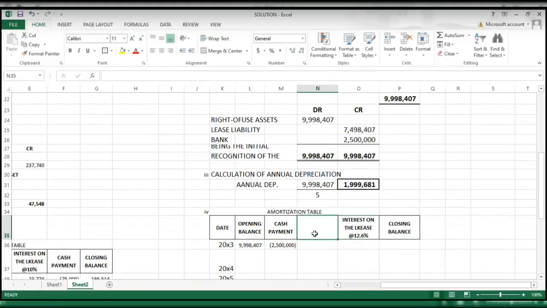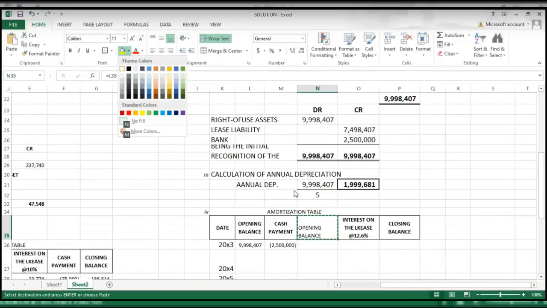So this is not going to be the opening balance; this is the value of the right of use asset. After the payment is made, we have to restate our opening balance. Let me call it opening balance restated, and put the description there.